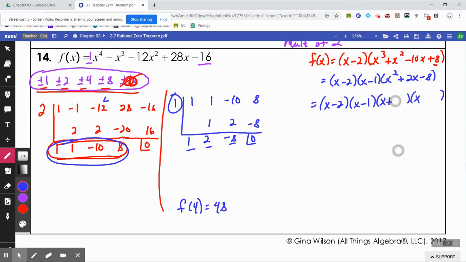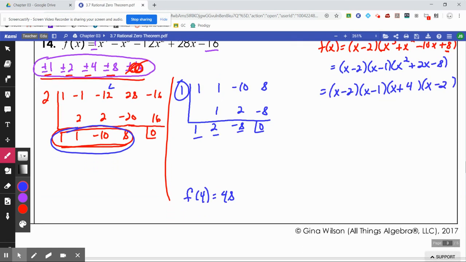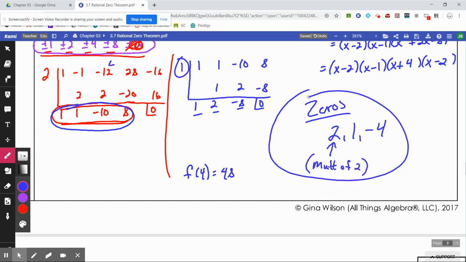That'd be a positive 4 and a negative 2. So my zeros are x equals 2, 1, negative 4, and 2 again. So this one again has a multiplicity of 2. So there are your zeros.